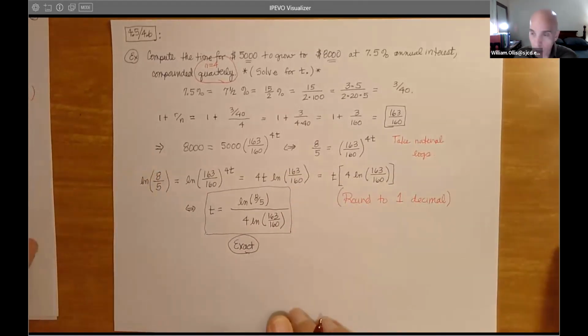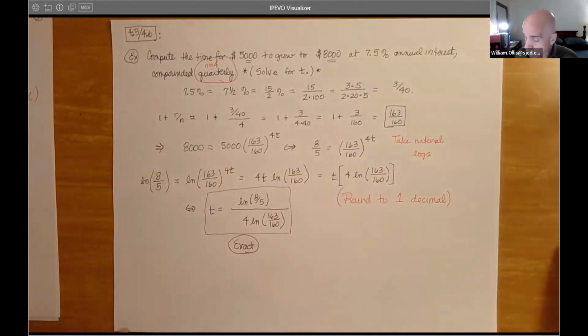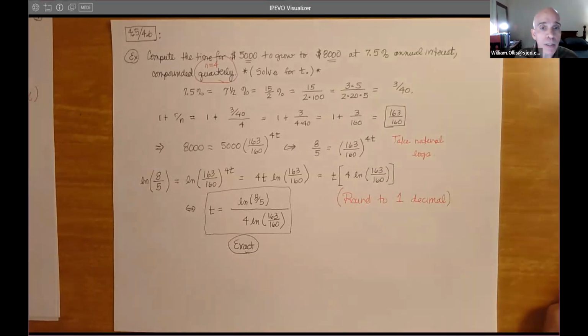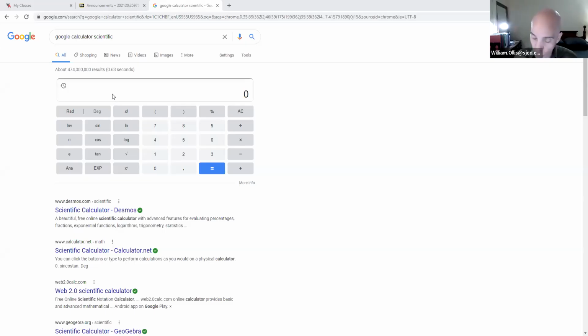So at this point, with the Google calculator, let me just go ahead and pull that up. Let me go in here and go to Google. Let's see if it sees. Oh, good. Sometimes it doesn't see the Google calculator. I have to move it around. So now we go to Google.